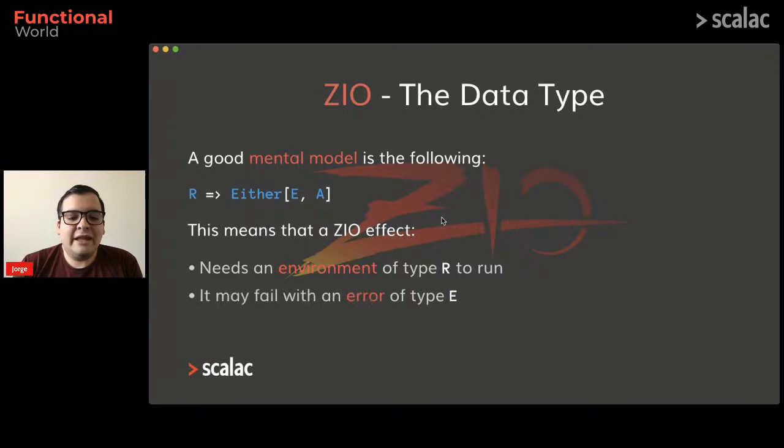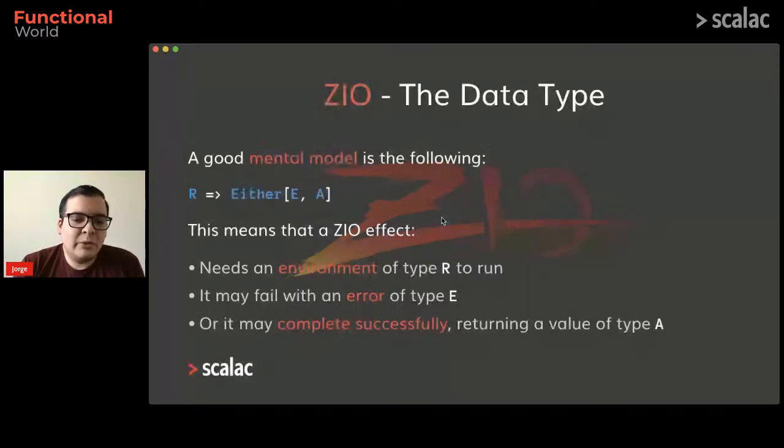It can fail with an error of type E, and it can succeed with a value of type A. All of this information you can see just by looking at the type of the functional effect.